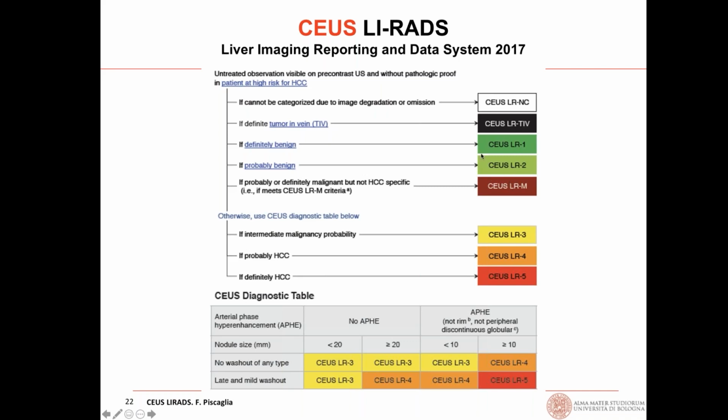So a lesion might be classified as likely benign or likely malignant, but not surely hepatocellular carcinoma, so CEUS LR-M.